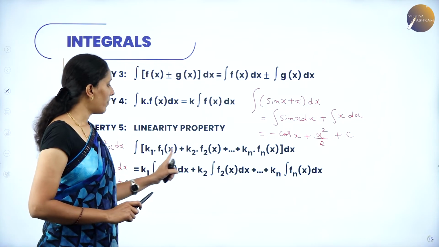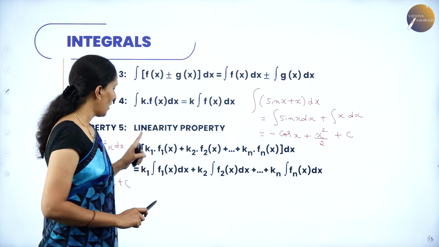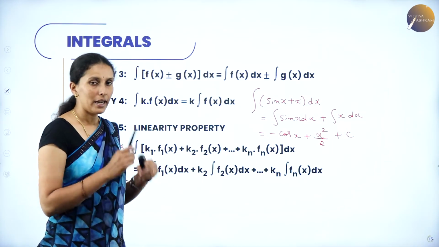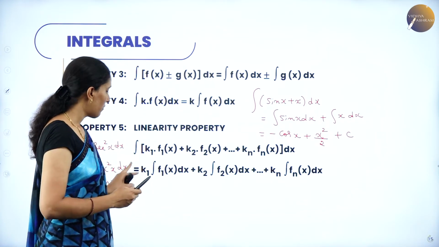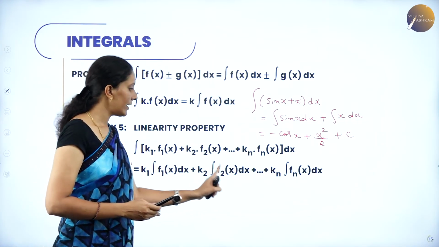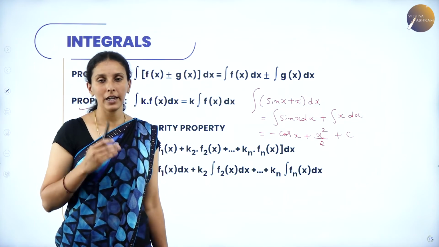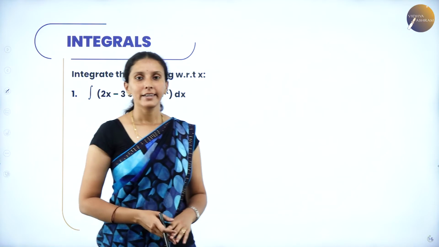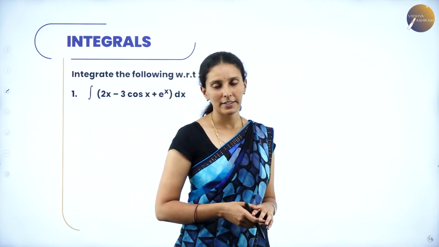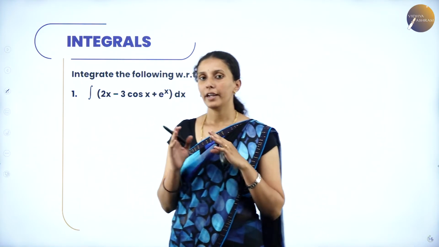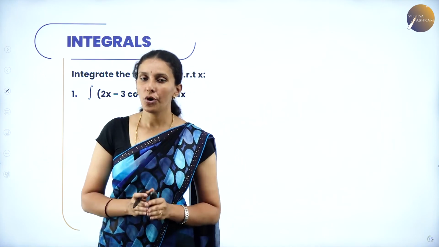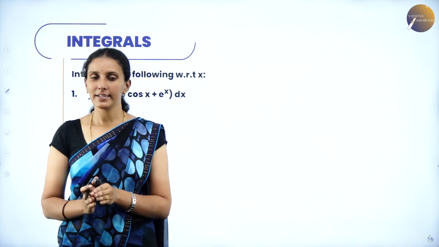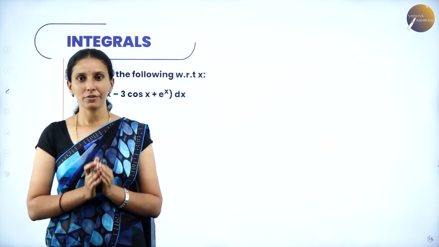When functions are given multiplied with any constant, take out all the functions from the integral and integrate each and every function separately to get the integral value. So now we will integrate the given problems with respect to x. But before integrating this, you should know all the standard integrals as well as the standard derivatives of a function.